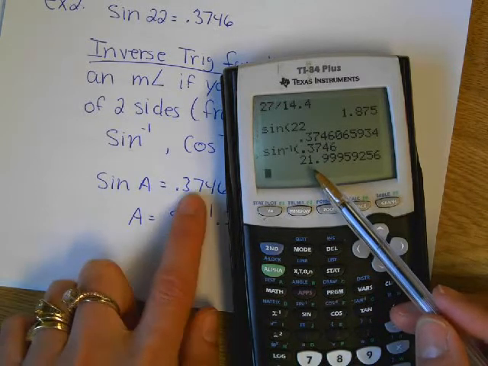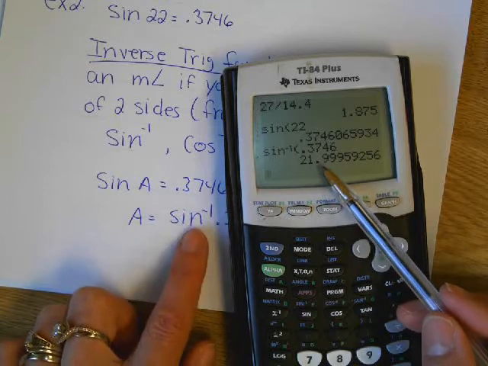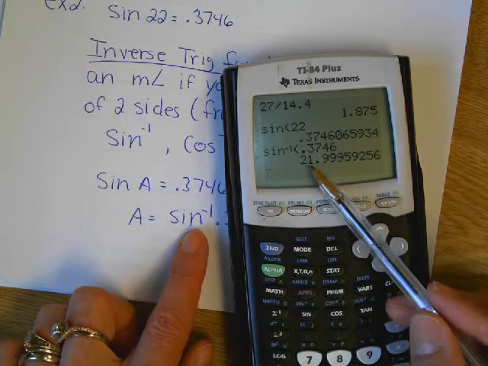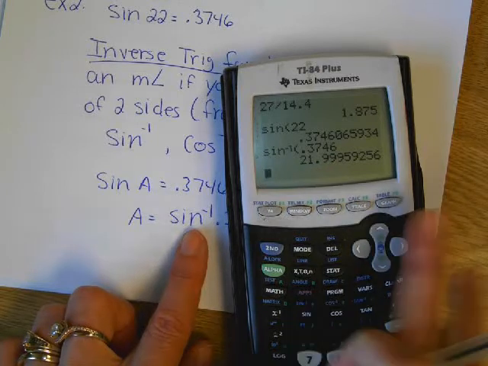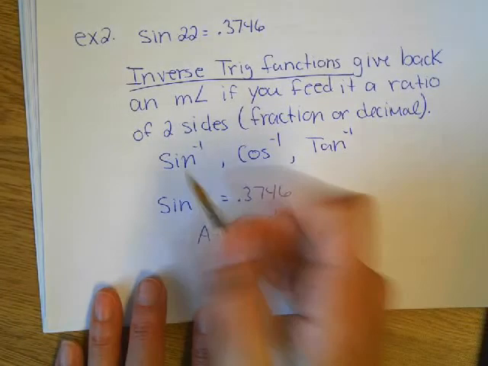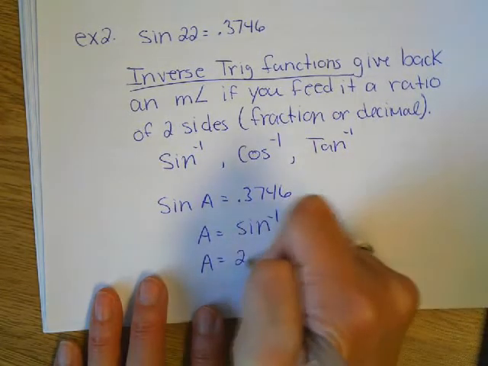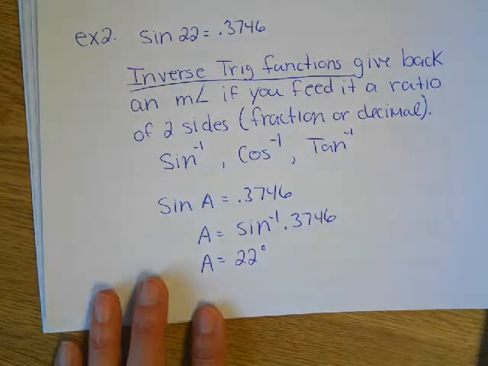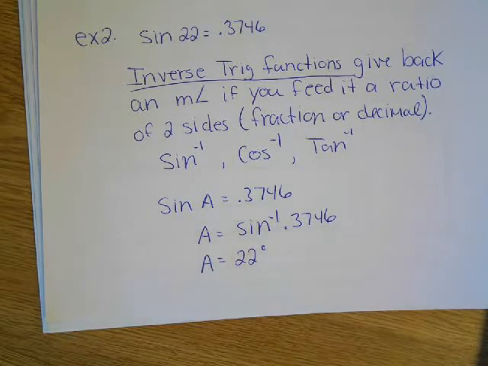And again, this was rounded off to 4 places. That's why it's not coming out exactly 22. But we'll always round our angles to the nearest whole degree. So we will get the 22 degrees there. So A is 22 degrees.